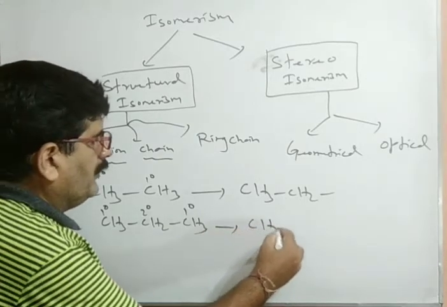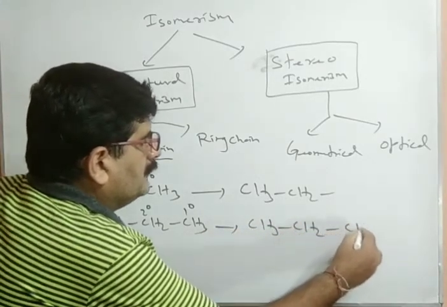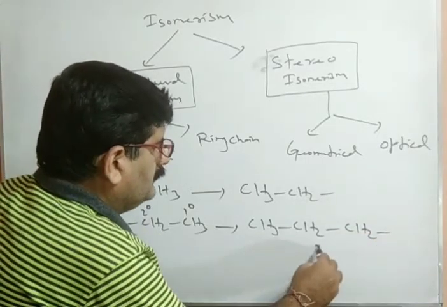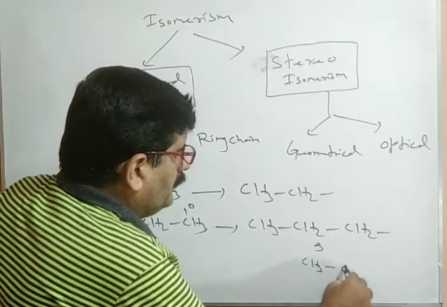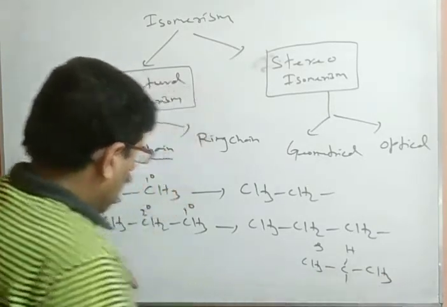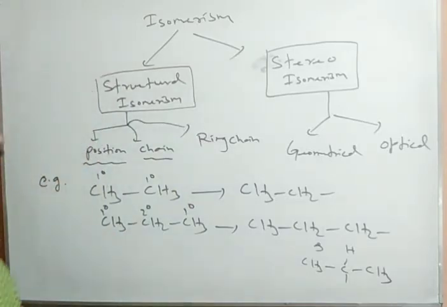Either you can remove hydrogen from 1 degree, and the second one, hydrogen removed from 2 degree. So two patterns of alkyl group can form if propane is given.